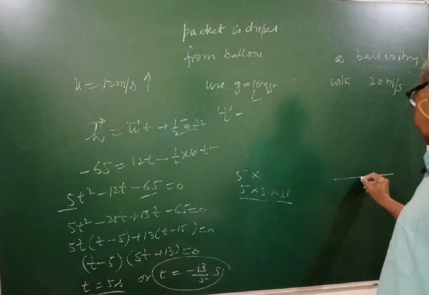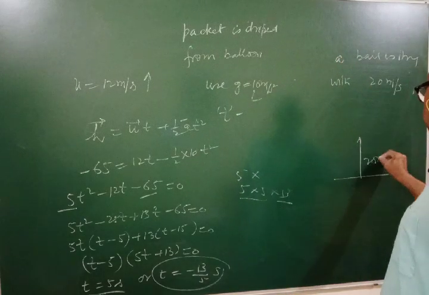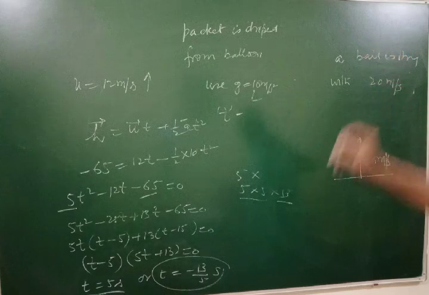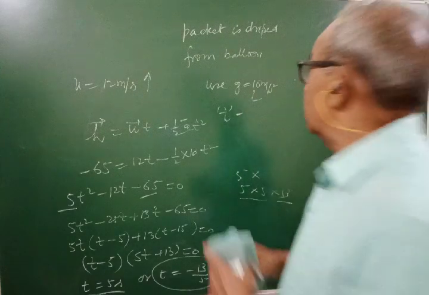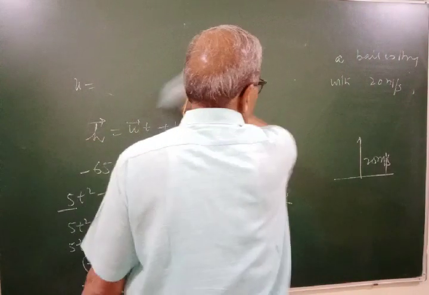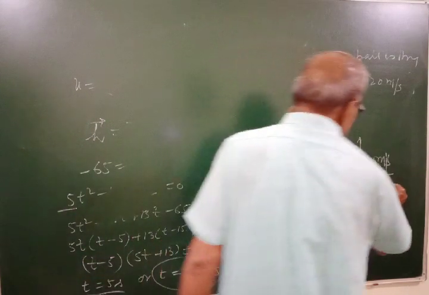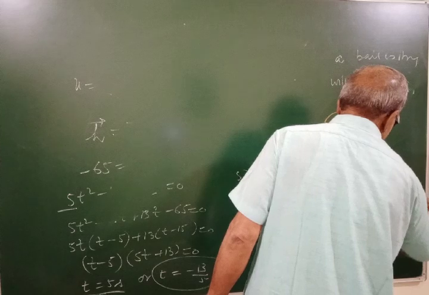From here we threw it with 20 meters per second. How high it will go is one problem, but how much time it will take to come back to the ground? My approach is totally different. You can use g as 10 meters per second square.